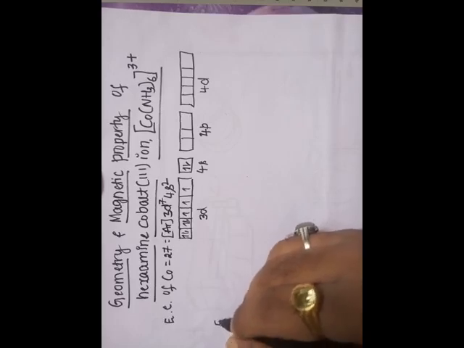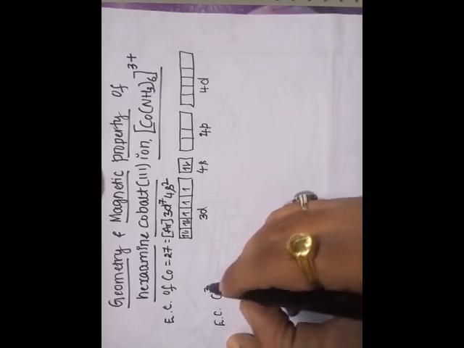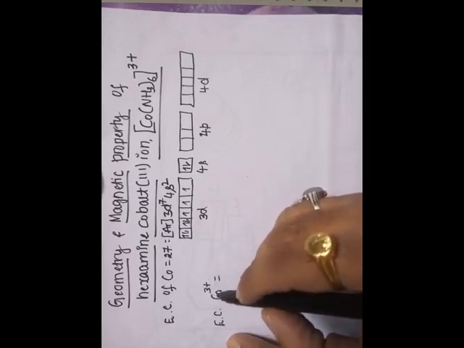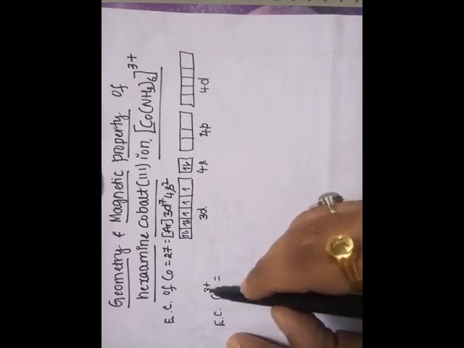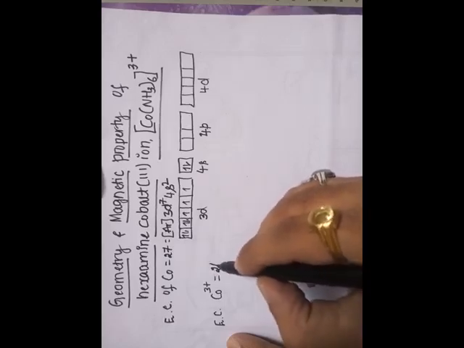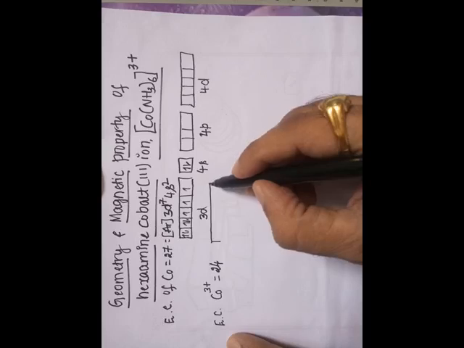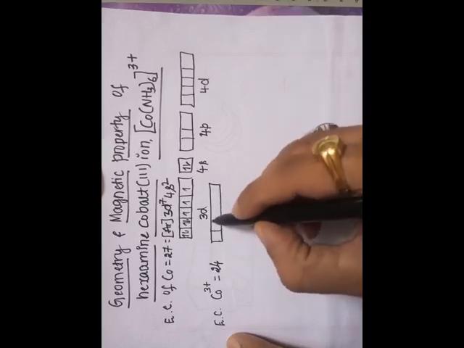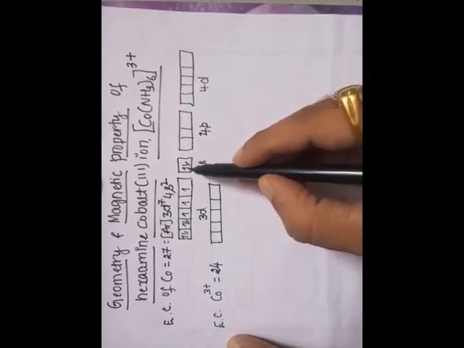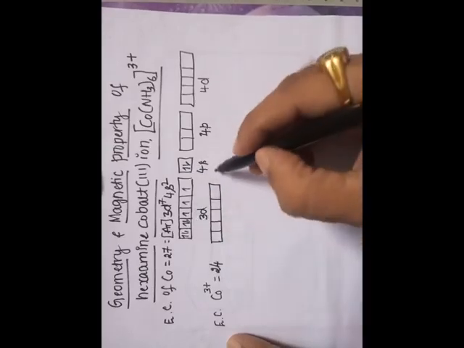The cobalt ion is formed when the cobalt atom loses 3 electrons, so its electron count becomes 24. It will be formed when 2 electrons from the 4s orbital and 1 electron from the 3d orbitals are lost.